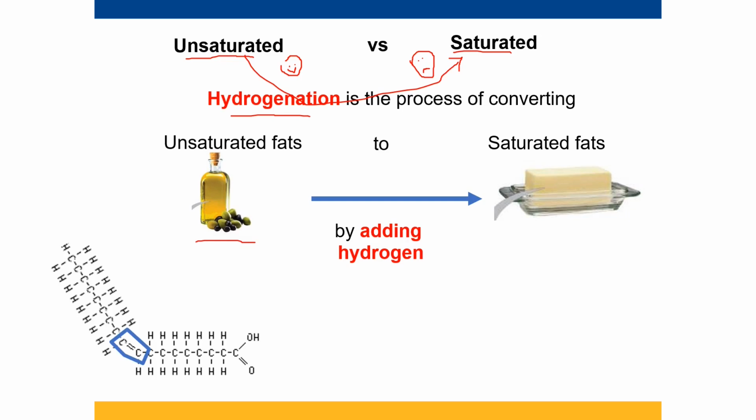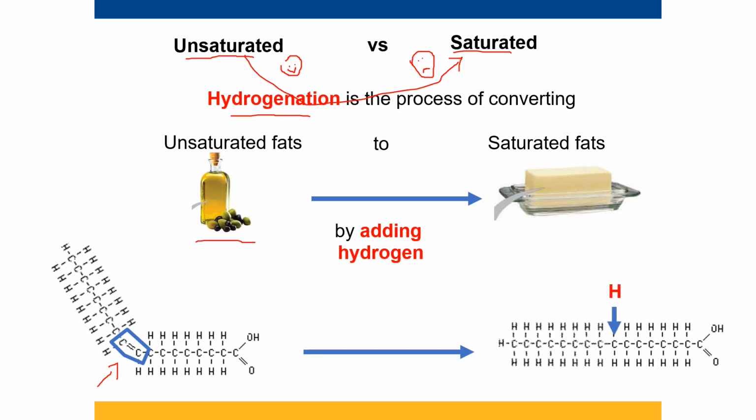If you see here, this unsaturated fat, you can add a hydrogen and turn it into saturated. The food industry was doing that. Now it seems to be banned in many countries, and hopefully it will continue being banned.